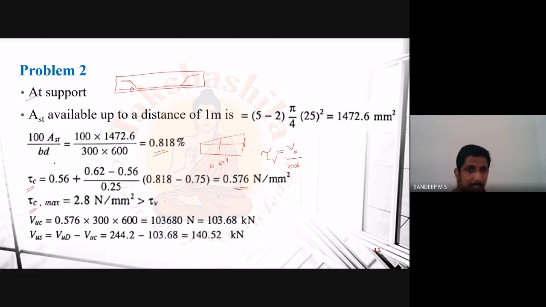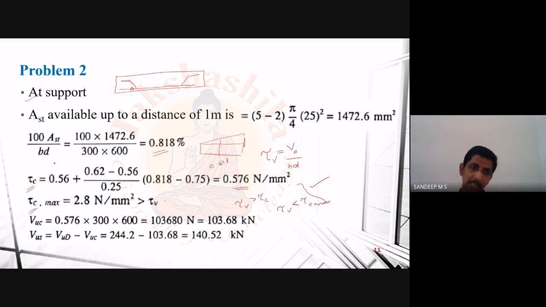In this particular case, I don't have the value of tau V. Anyway, you can tell me that at a later stage. Tau V will be greater than tau C, and tau V will be less than tau C max. What does this infer? You have to go with design for shear stirrups.